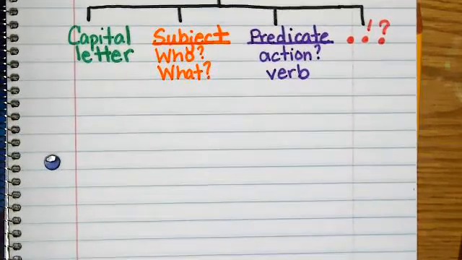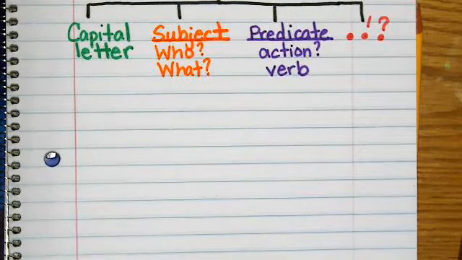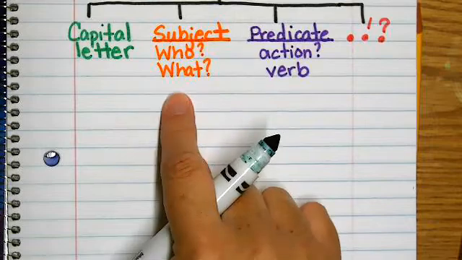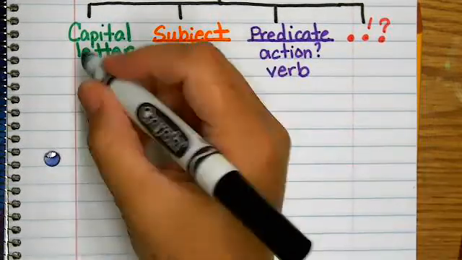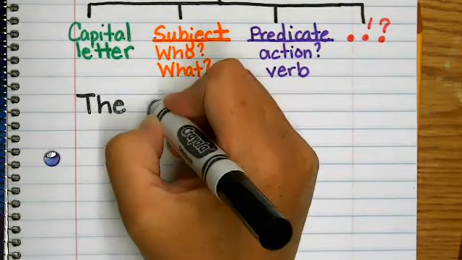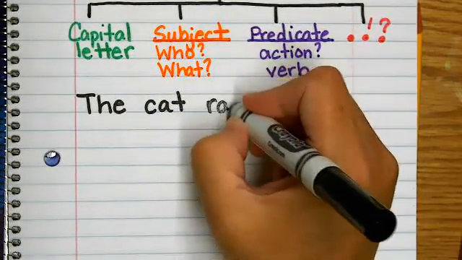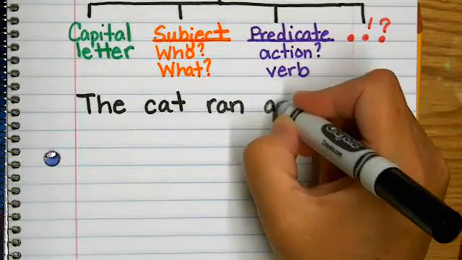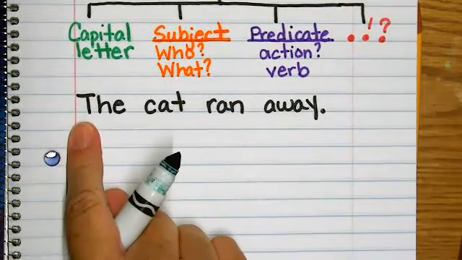I'm going to write some sentences down below. And what we're going to do is we're going to practice identifying the subject, which is the who or the what that the sentence is all about. Like this. The cat ran away. There's my capital letter.